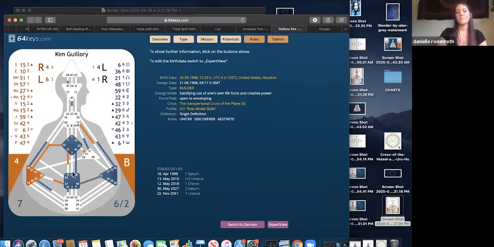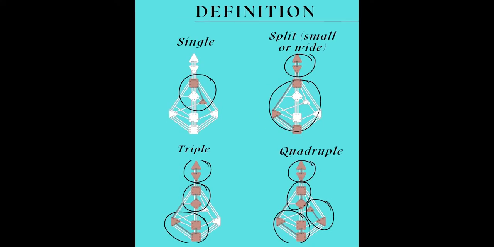So the next part of this, right, we're going to talk about the definitions. Okay. Definition is the colored in area, but there's different kinds of definition. So Kim is a single definition. This would be the first type, right?